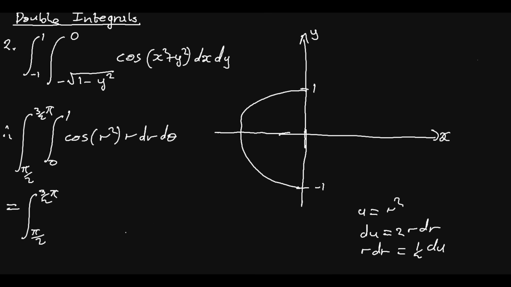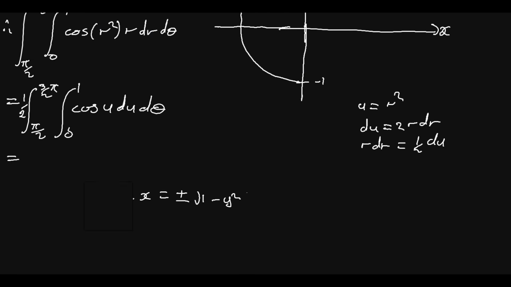So we have 1 over 2 as a constant, of the integral from 0 to 1 of cos u du d theta.